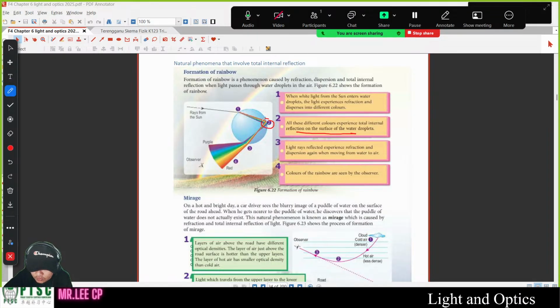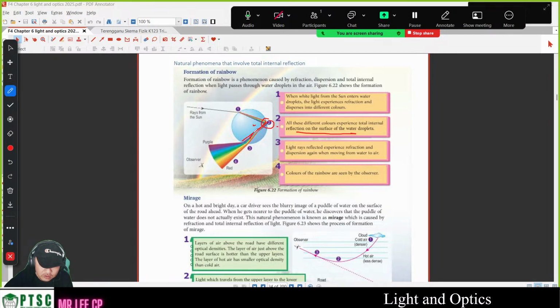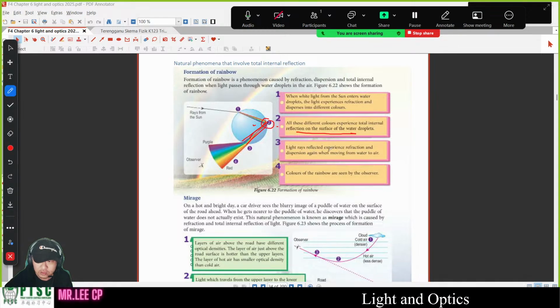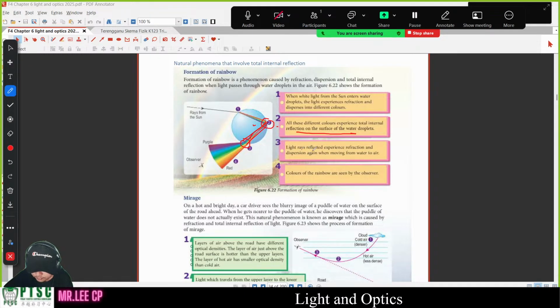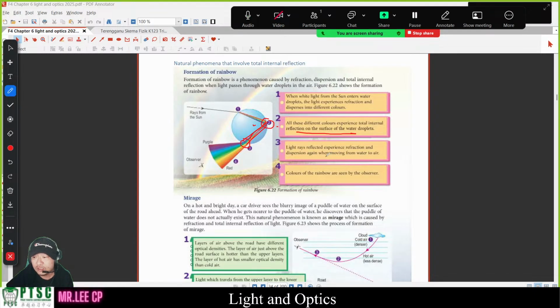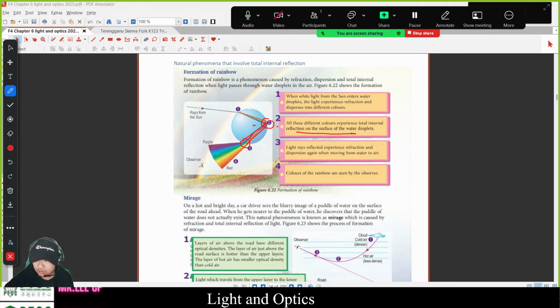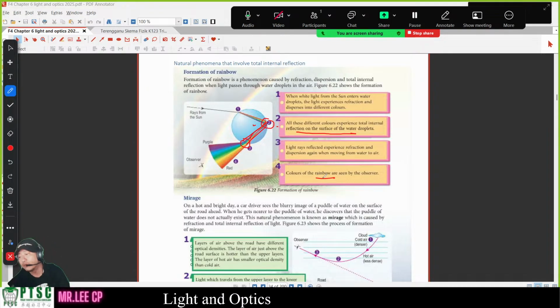When the light travels from here and wants to go out, from denser to less dense, total internal reflection cannot occur. And then the third one, at here, the light experiences refraction and disperses again when moving from the water to the air. And then lastly, the colors of the rainbow are seen by the observer.